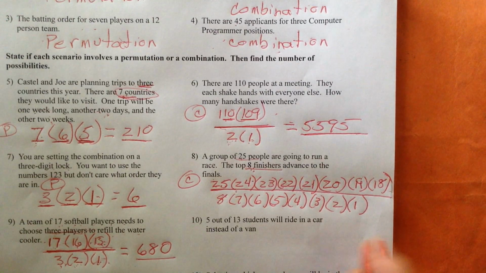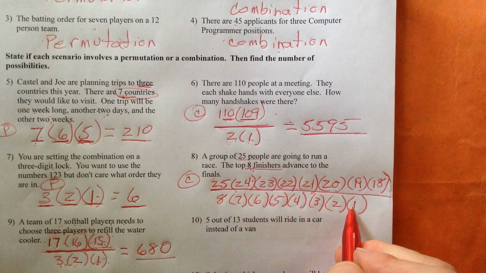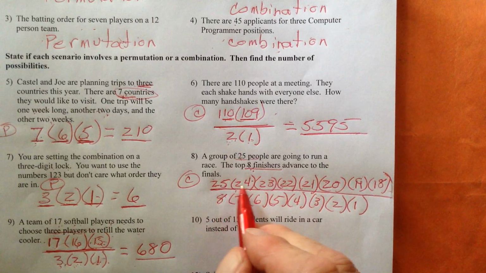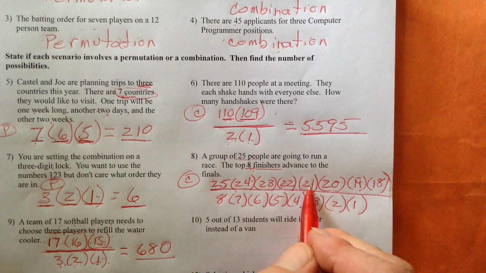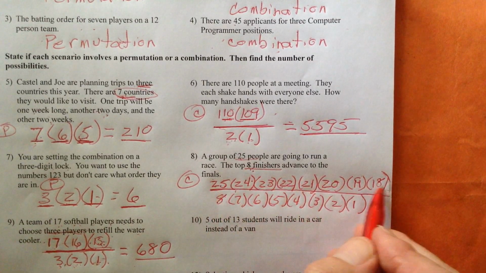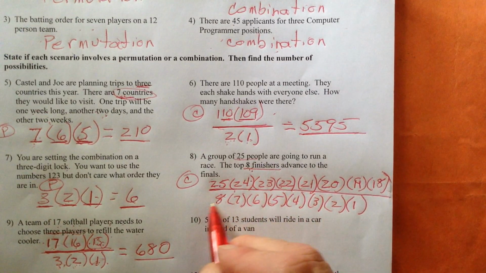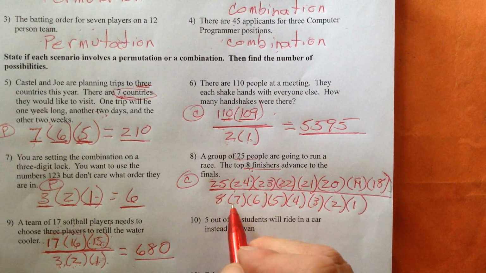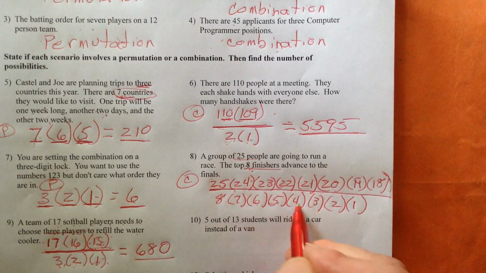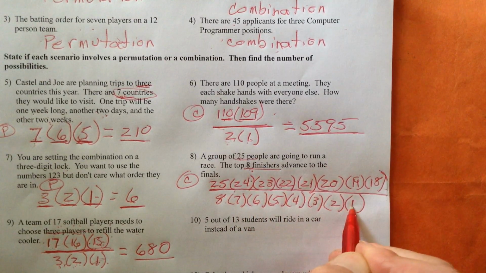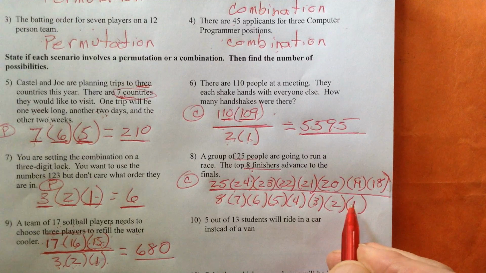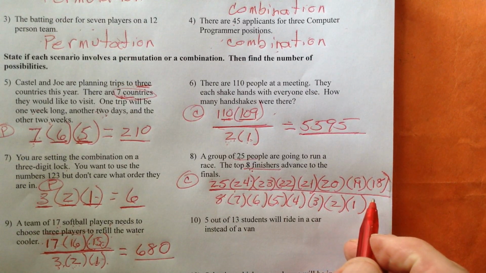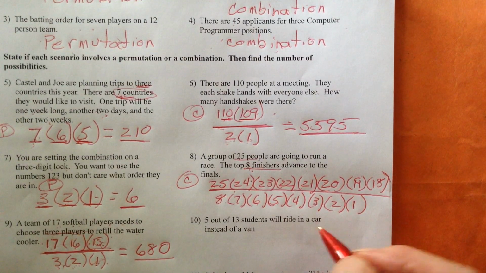So this one I did, of course, earlier on the calculator. So you go 25 times 24 times 23, 22, 21, 20, 19, 18. You multiply those and then divide it by whatever 8 times 7 times 6 times 5 times 4 times 3 times 2 times 1 equals. And it ended up being, wow, it was a big number.